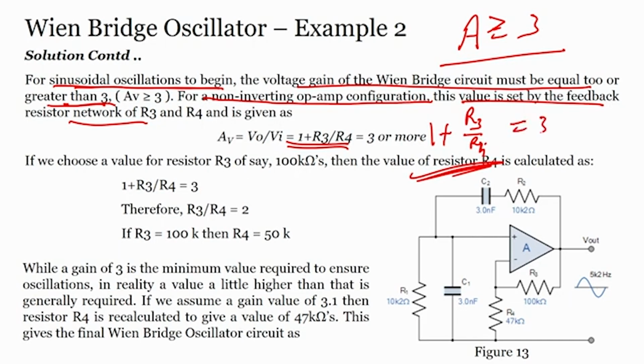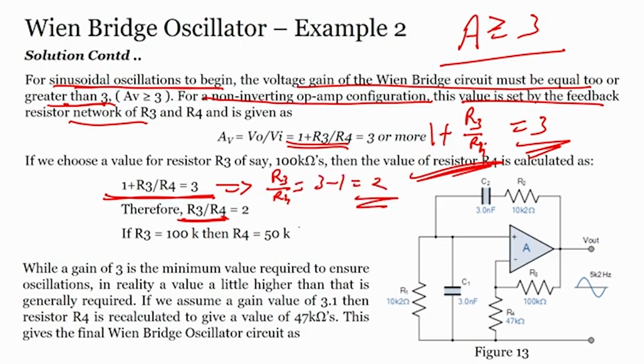This should be equal to 3 minimum. So 1 plus R3 by R4 equals 3, which implies R3 by R4 equals 3 minus 1, equals 2.